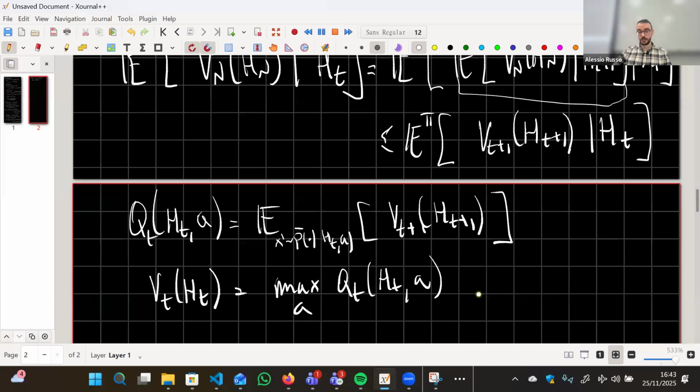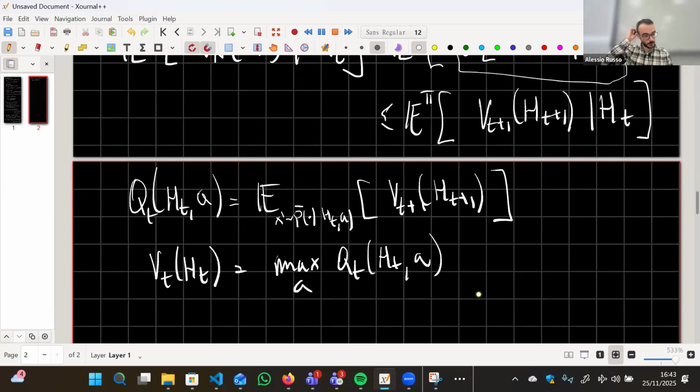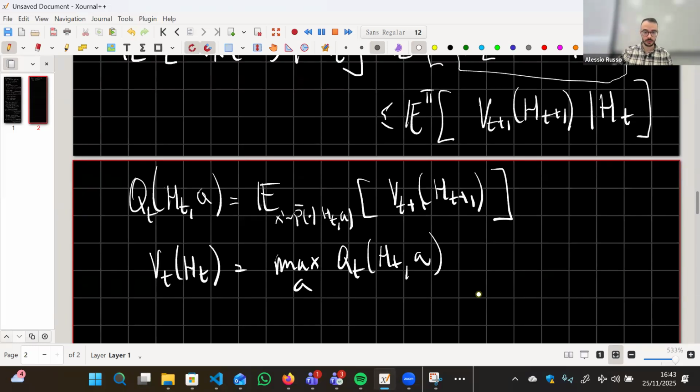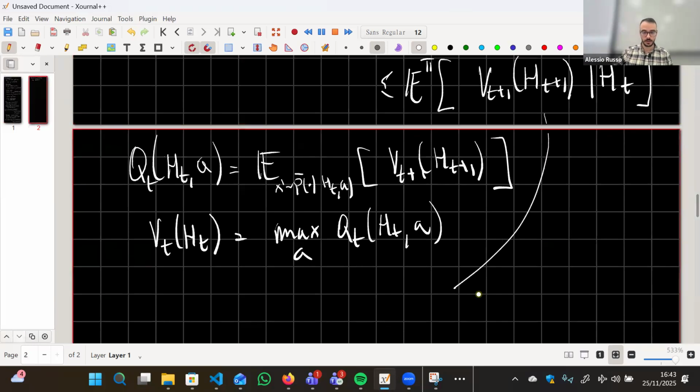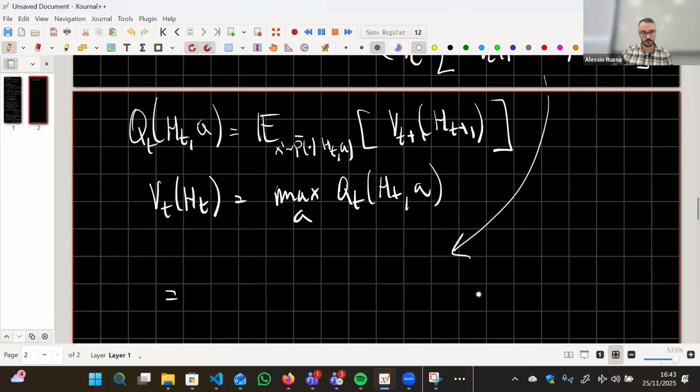So this expectation is integrating over x prime, right? I hope you can see that. So this is also equal to the expected value of Q t of h t, pi t of h t.